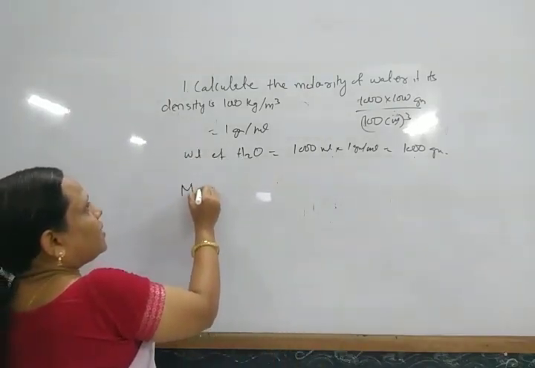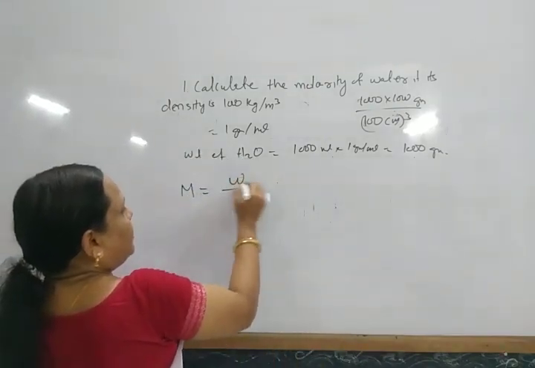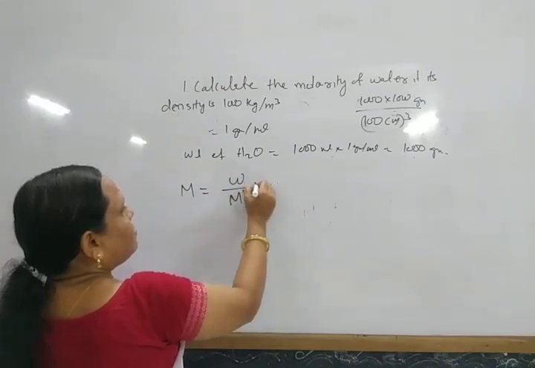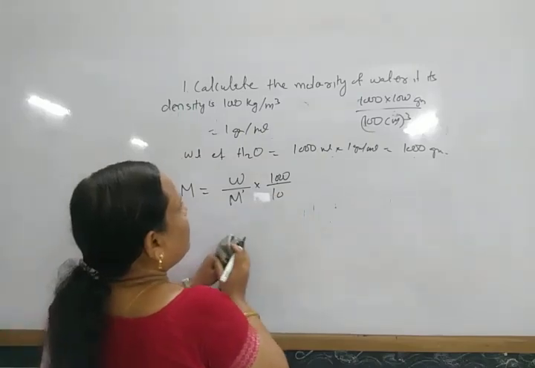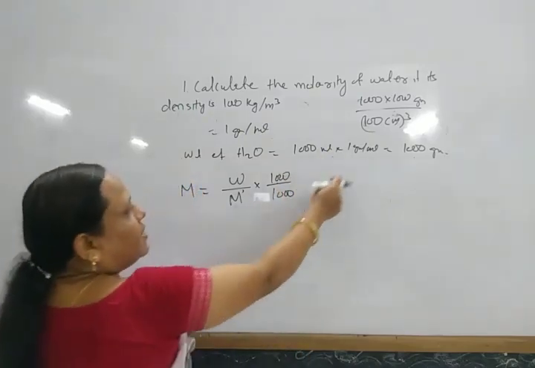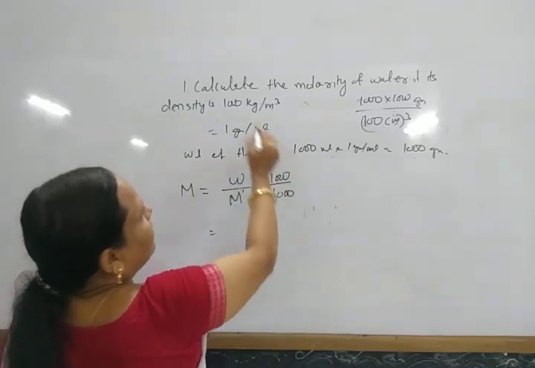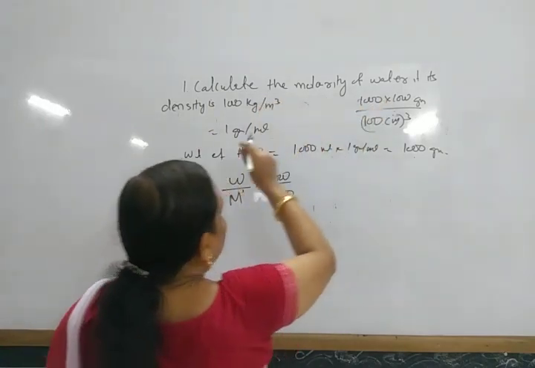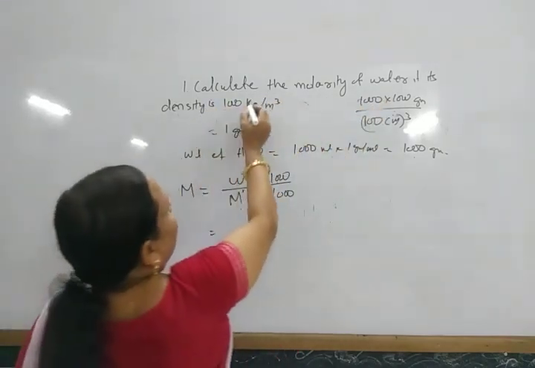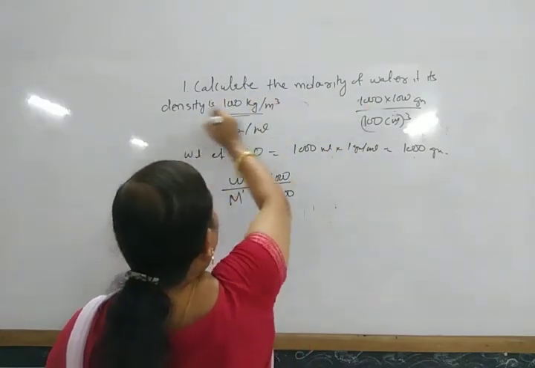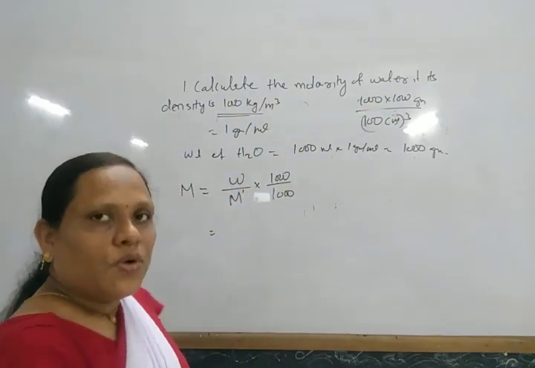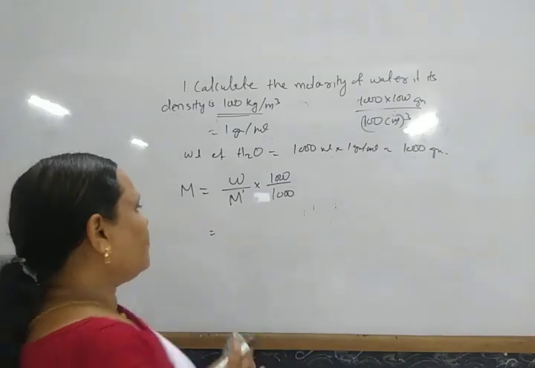Now molarity is the number of moles per liter. Suppose we have taken 1000 gram of water.